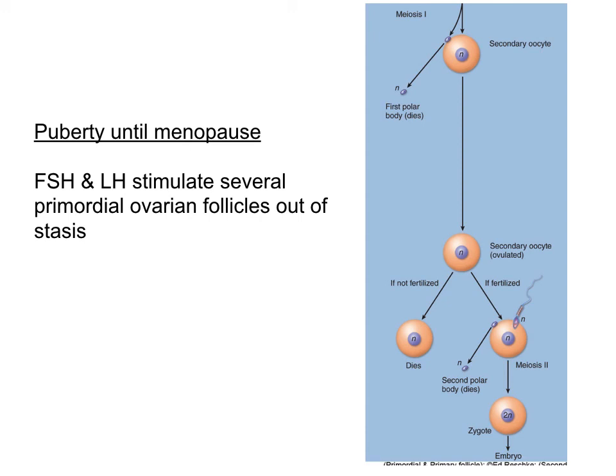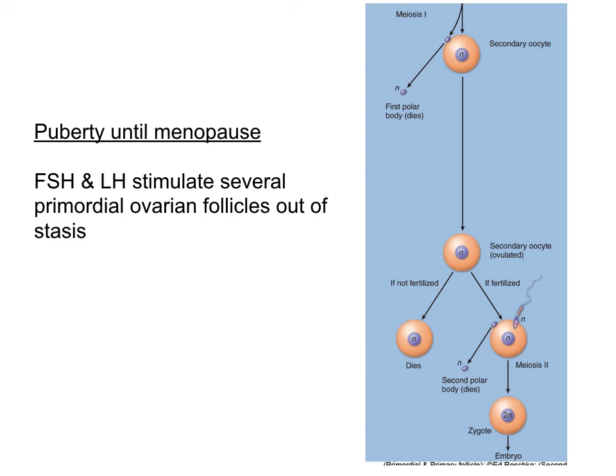However, if you look at these two cells, do you notice something very different from spermatogenesis? Recall, in spermatogenesis, one primary spermatocyte formed two equal-sized secondary spermatocytes. That's not what you have here.